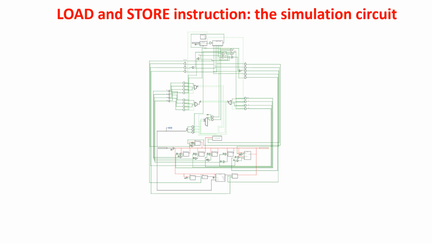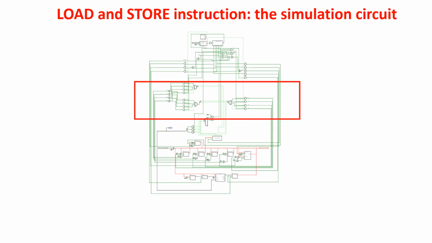Let's see a quick overview of the circuit. Here we have the timing blocks, so the clock generator and the stepper. Here we use the timing blocks and the wires coming from the instruction register to give the enable and set pulses to the dedicated registers, such as the memory address register, the instruction address register, the instruction register, and the RAM.